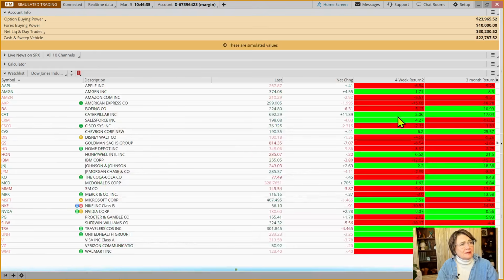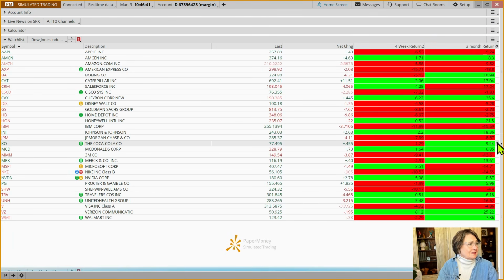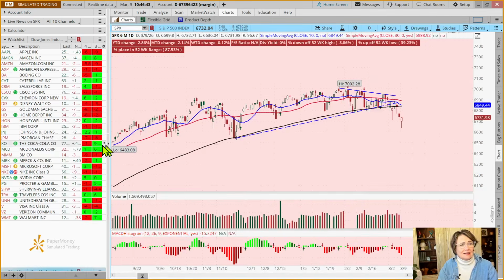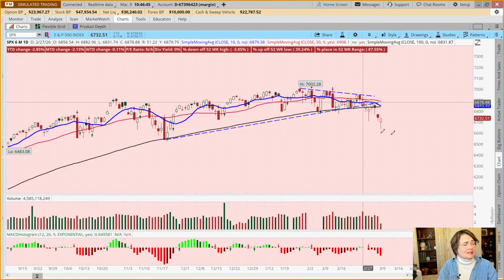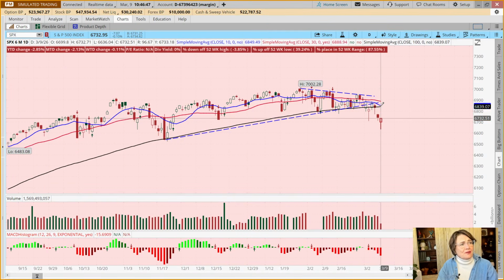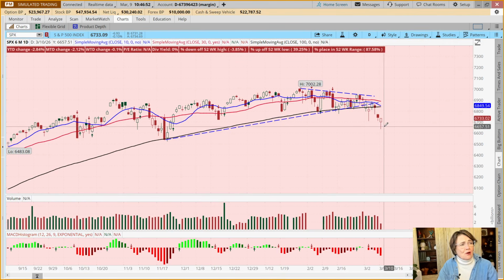But the S&P 500, whoops, I don't know what just happened there. Okay, let's close this. I thought I was closing that; instead, it got expanded. So the S&P 500, this is the 100-day moving average, and it's now dropped below that with gusto.